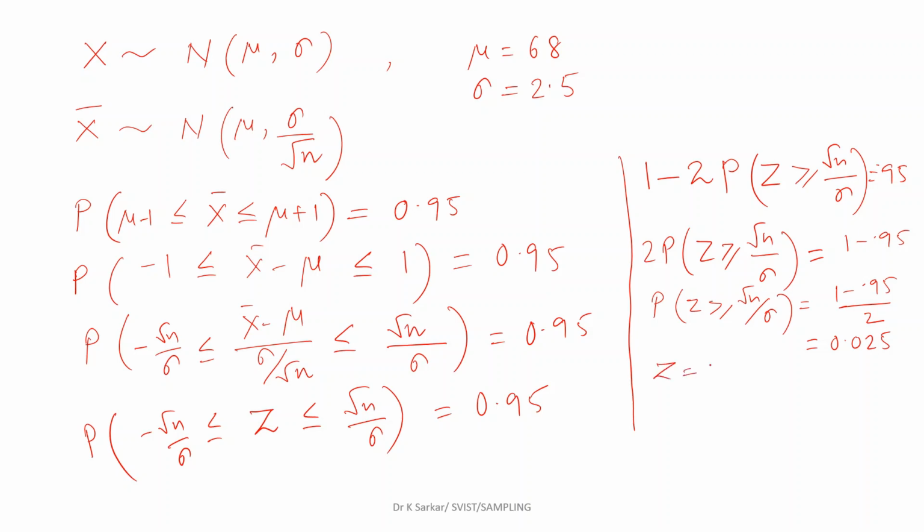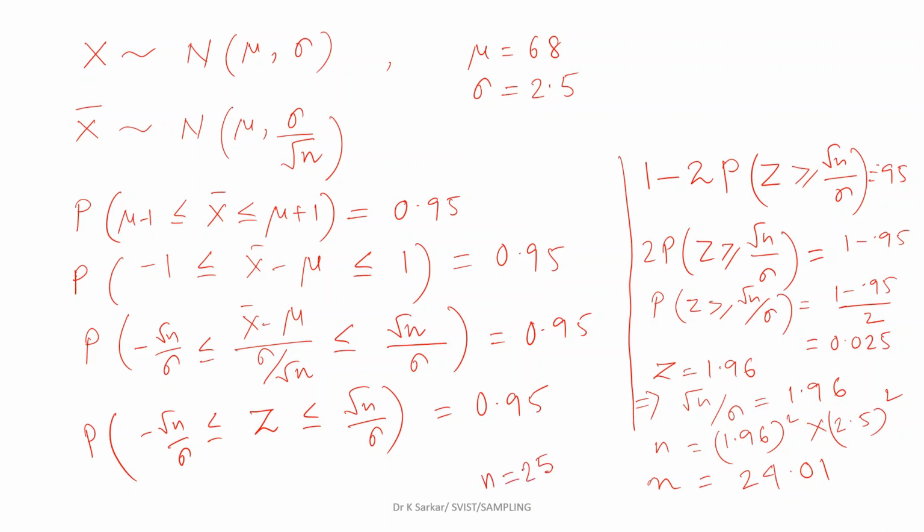So z is 1.96, which implies root over n by sigma equals 1.96. N equals 1.96 whole square multiplied by 2.5 whole square. The sigma value is 2.5, given in the question. Here n equals 24.01. Therefore, n is 25.